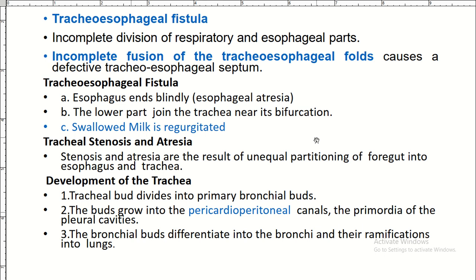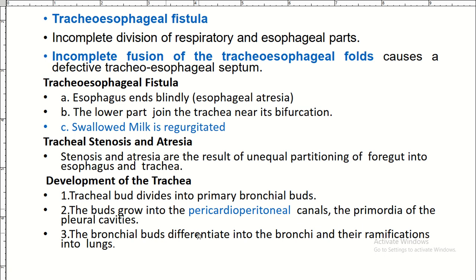these are canals that facilitate a communication between the peritoneal cavity and the pleural cavity. Remember, so the lung will grow inside the pericardioperitoneal canals, right? So the buds grow into the pericardioperitoneal canals, the primordia of the pleural cavities.